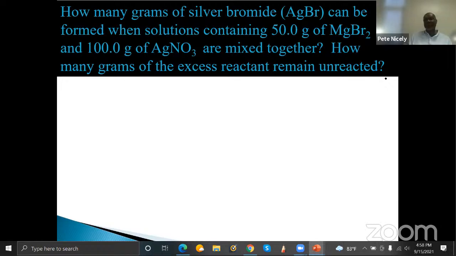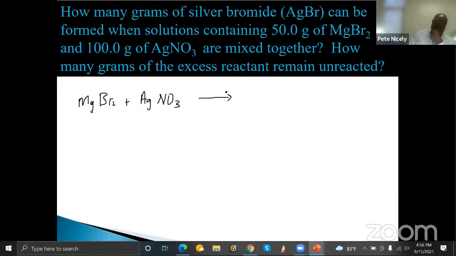Okay, you have the incorrect name though. It's not silver nitrite, it's silver nitrate. So let's write down the formulas for each of them. So MgBr2 and AgNO3. Okay, so those are the reactants.